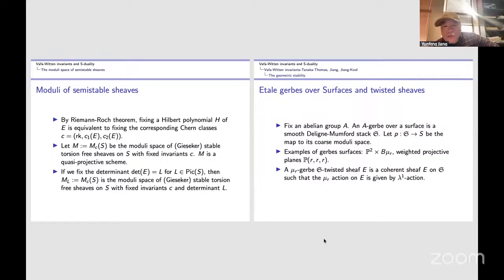And for examples of gerbes, the mu_R gerbe over P2: for example, I can take P2 cross Bmu_R, which is the trivial mu_R gerbe, like mu_R acting trivially on P2.